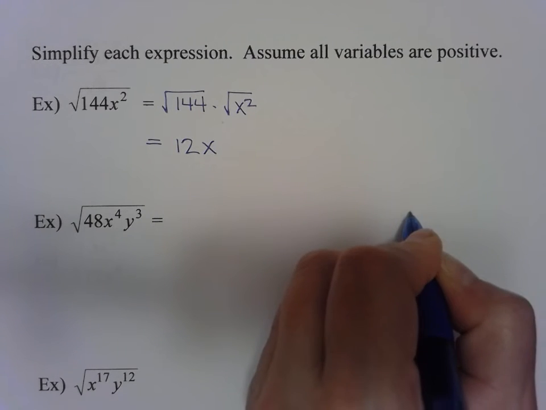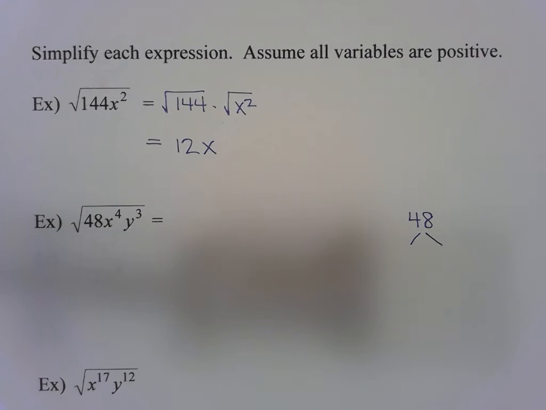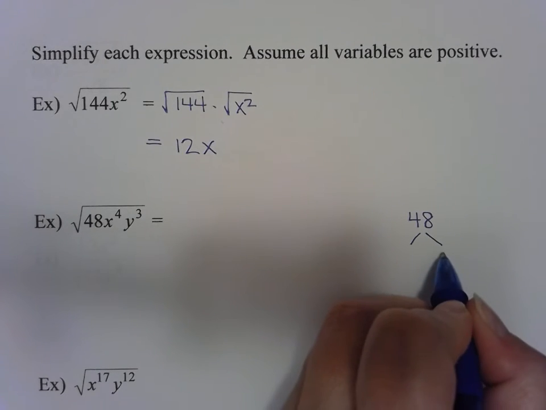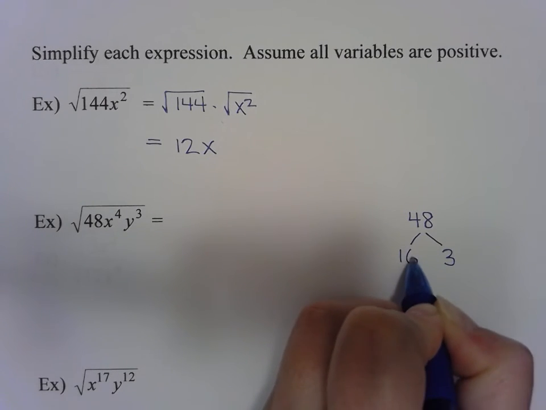Let's start with 48. Lots of ways to break that up. If I wanted to break it up, and this is another one that might be helpful to use your calculator on. What is the biggest perfect square I could find? The biggest is if I divide it by 3, I'm going to get 16.